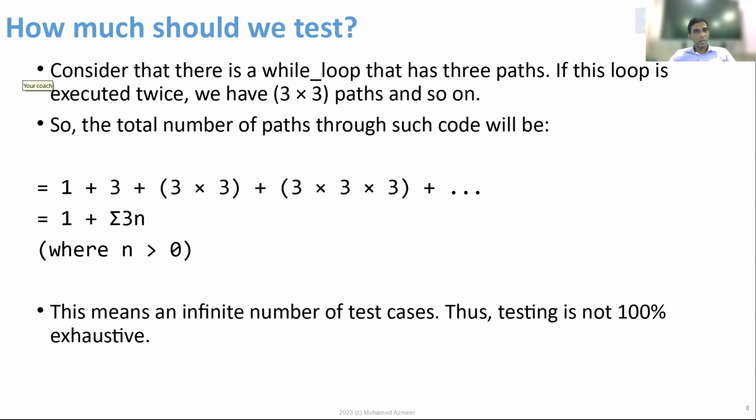So it goes on and on. How many times should we test it, and when should we stop? Should we test 100 times? Let's say every time we run, it generates some random numbers, so every time the case is different. Then there is an infinite number of test cases. According to this, you can see sigma 3 to the n, a totalization of 3 to the n going on and on and on.